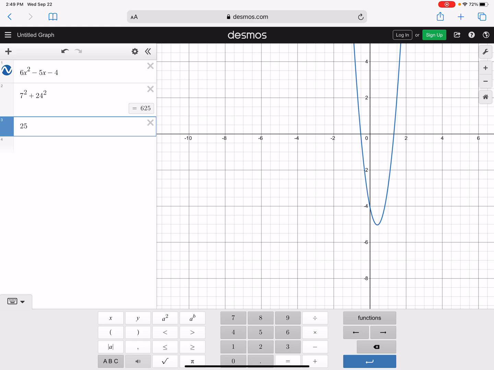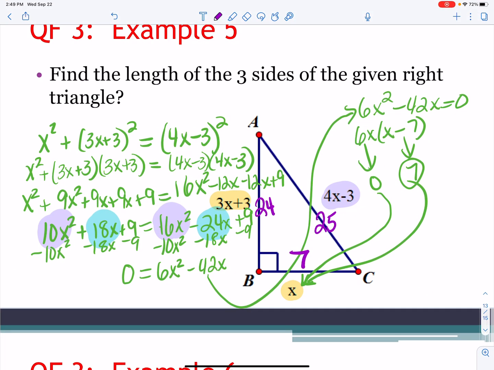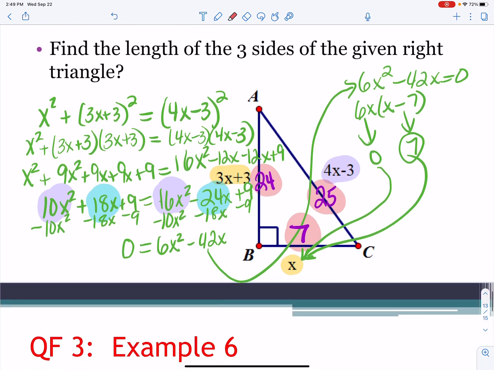And if I do 25 squared, it's also 625. So did I get the right answer? It said find the length of the three sides. My three sides would be 24, 7, and 25. Okay? All right.